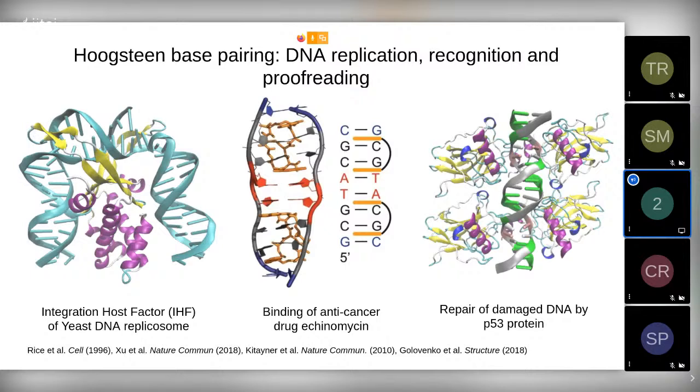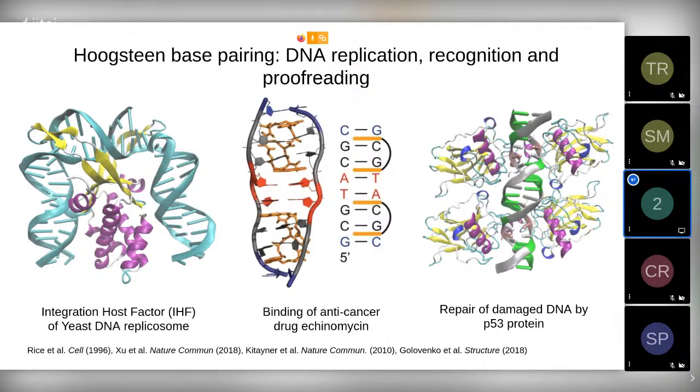Now, this has been observed experimentally, but the point which we want to understand is whether a Hoogsteen base pair is formed automatically in a region of DNA where there is a mutation, and whether this guides the P53 protein to specifically bind to this particular region. This is a big scientific question which is not known yet, and we are hoping to explore it; at least I might try to do it in my future years of my PhD.